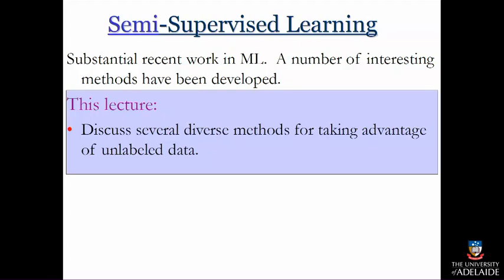Actually, so far, no semi-supervised learning method can guarantee that if you use unlabeled data, the performance must be improved compared with using labeled data alone. There's no such guarantee. That's a problem of most semi-supervised learning methods. Okay, so we're going to study a few semi-supervised learning methods today.